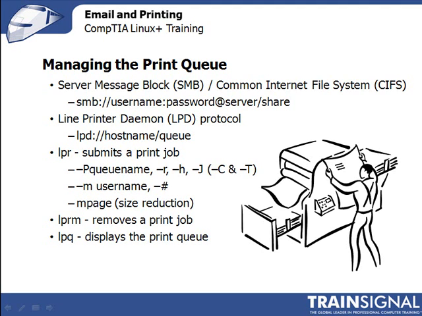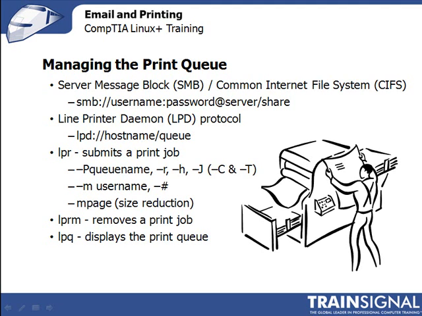Then you have -J, -C, or -T, which can be used to change the job name. Then you have -m, space username, which emails a user when the print job is complete. And finally we have -# followed by a number, which is used to specify the number of copies.